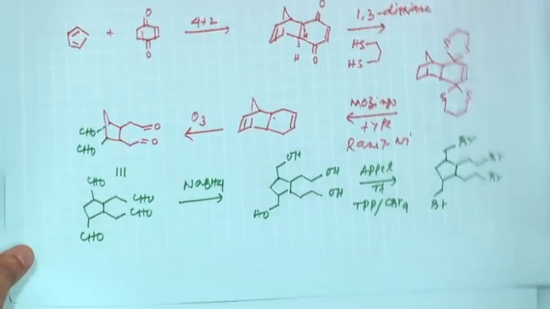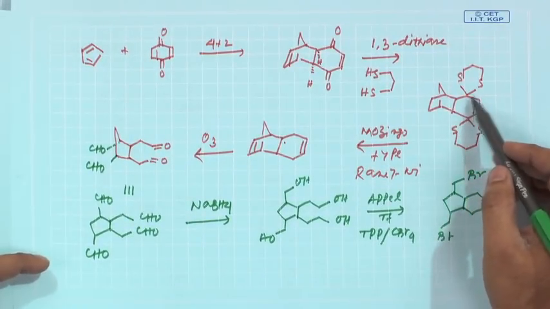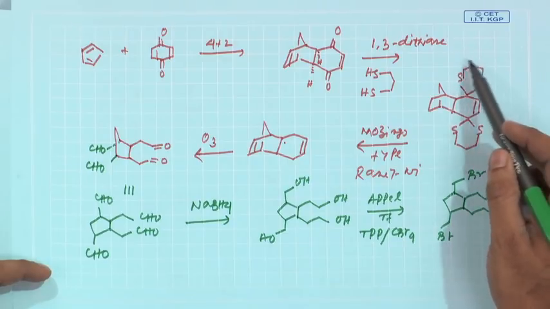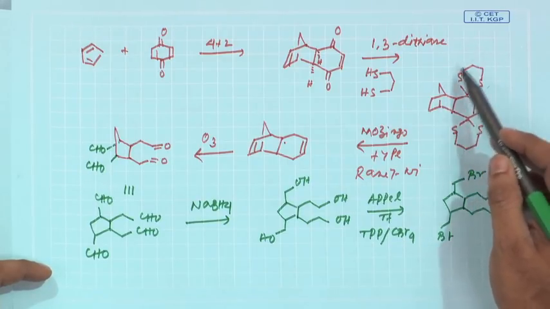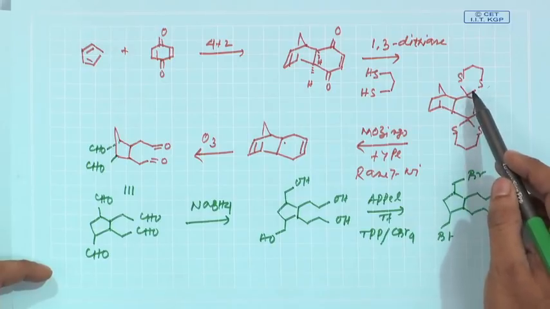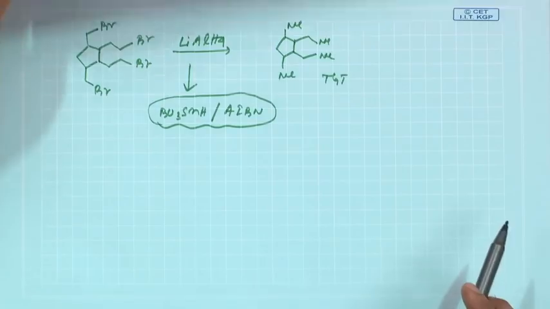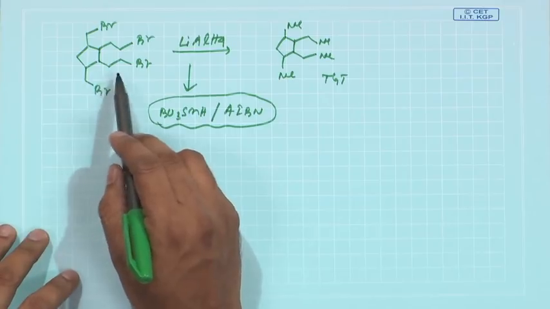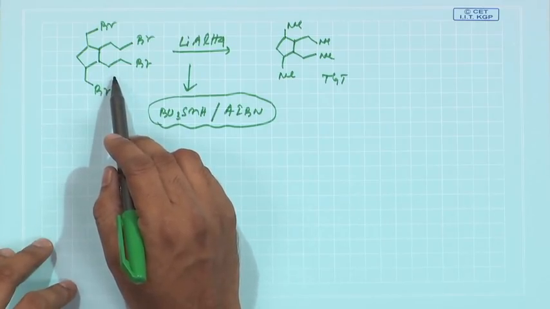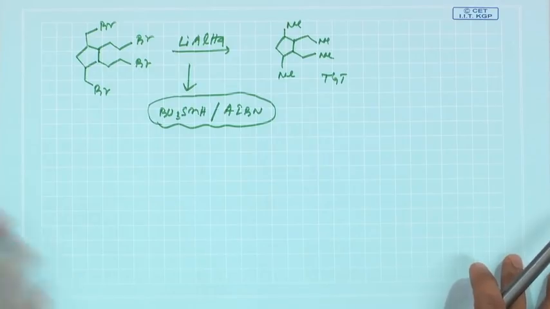So, if you analyze the entire problem, you will find that we explored the strategy of redundant functionality twice in the synthetic pathway. Initially, we do a Mozingo type of reduction, at this point you get rid of this 1,3-dithiane moiety to deoxygenate this carbonyl, and then when you have this bromo, you do another kind of redundant functionality exploration by using a hydride source.